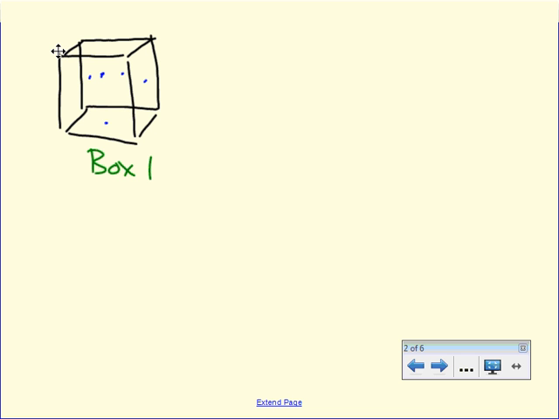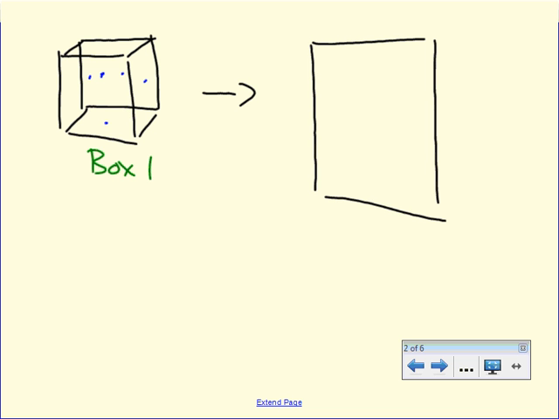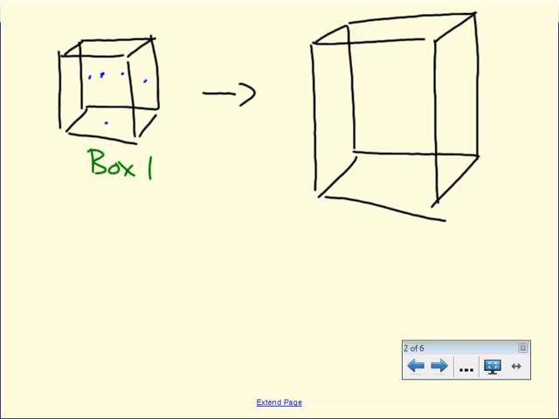So if I then take this box and I expand it out, so I make it bigger, I've increased the volume within the box. As a result, this box with the 5 particles has become less concentrated or dilute.